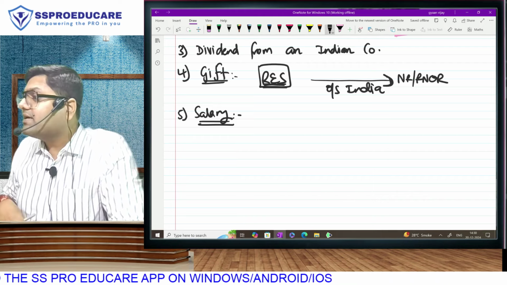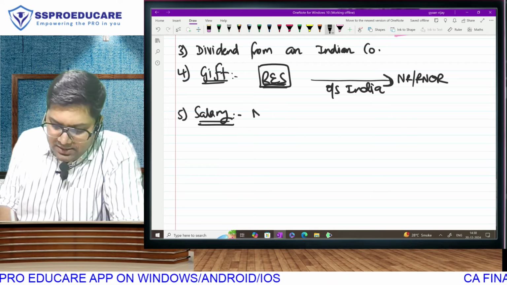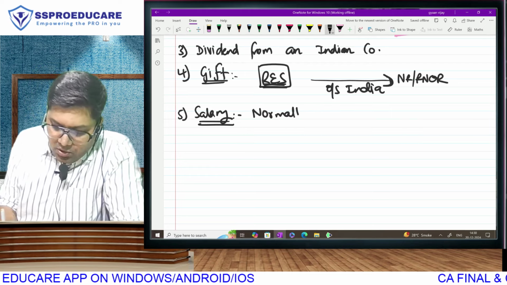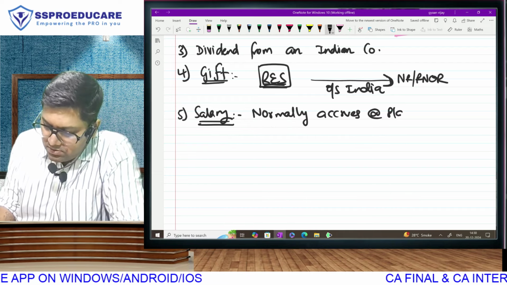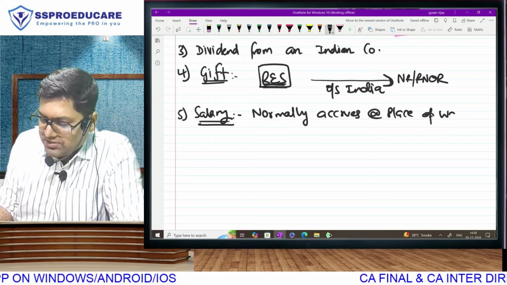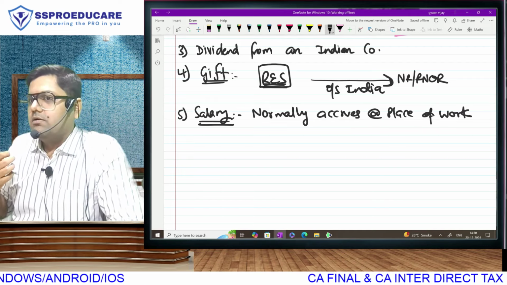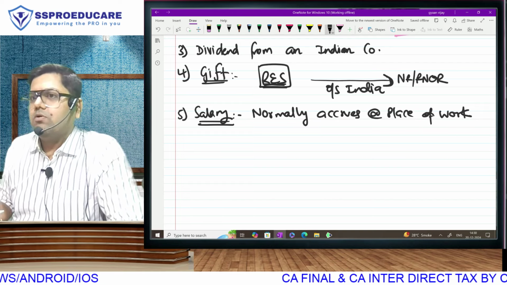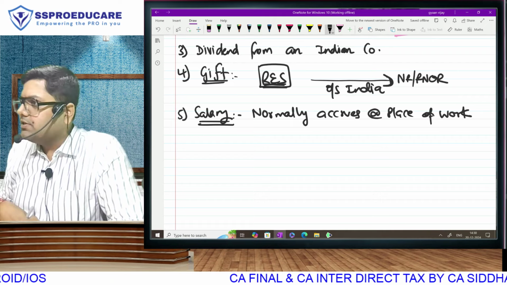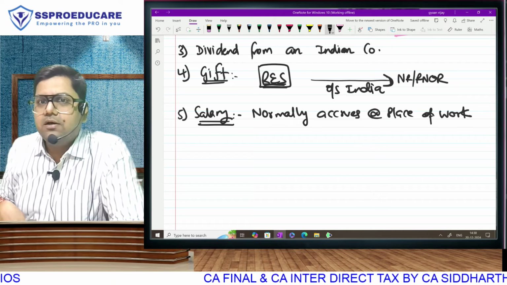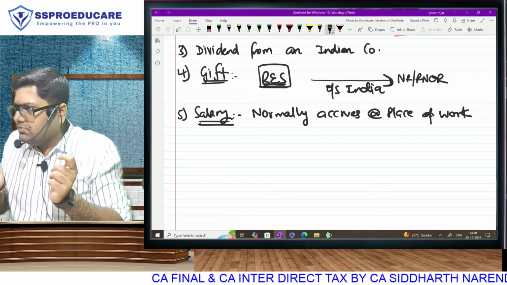What is the second activity in the income earning process? Payment and work. Now, salary normally accrues at your place of work. Supposing your office where you are working is in Mumbai, Delhi, Chennai, Kolkata, Jammu and Kashmir, or Kerala, or Tamil Nadu, or Gujarat, or Arunachal Pradesh. It is India. So work done in India. And if work done in India, irrespective of payment, it is Indian income.